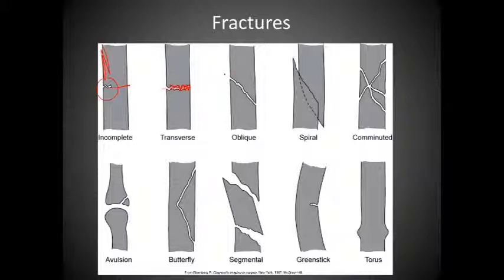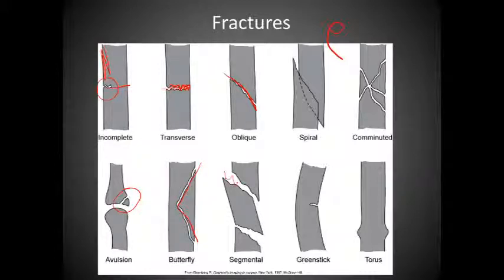Transverse fracture is just what the name implies. It is a transverse section. Oblique comes at an angle. Spiral does something like that, where it curves around. Comminuted is pretty much like a shattered type fracture. Avulsion, we all know, is just a very small fracture.